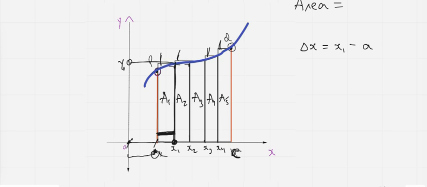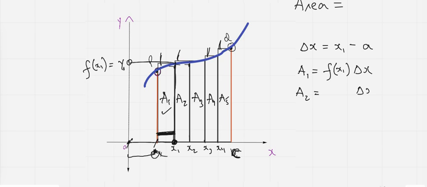I call it y1. So this y1 is your f of x1, and f of x1 represents the height of this first rectangle, right? So the area of the first rectangle, a1, equals the length of the rectangle into the width of that rectangle.